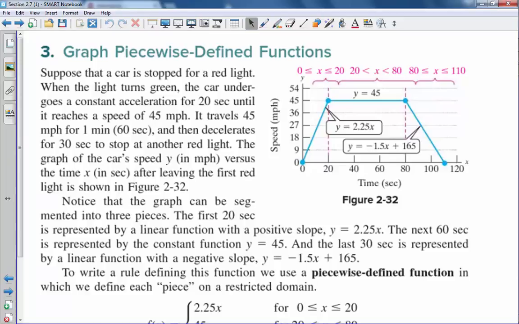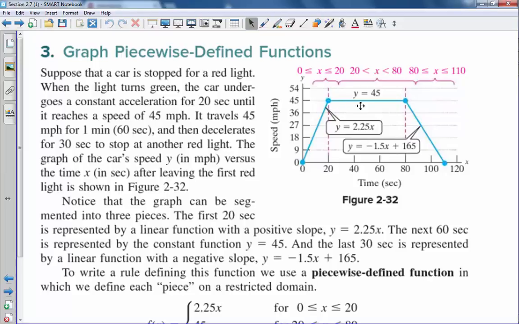All right, where do piecewise defined functions happen? Actually, it happens a lot, and this is one real example here. Like your travel to school from home by car, you start your car and speed up, right? You were stopping and you speed up to 45 miles per hour.